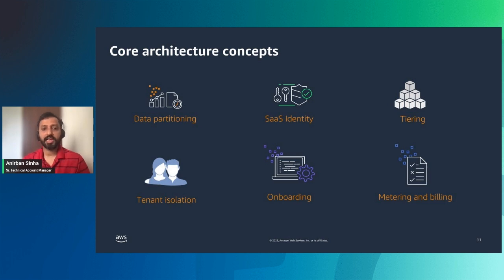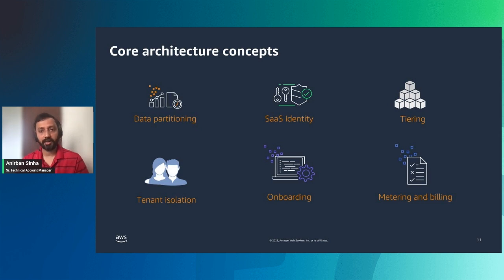We'll talk about SaaS identity. So SaaS identity is basically where you are connecting your user identity to a tenant context. Also, it is important how this tenant context flows through your system, right? Onboarding is another concept where your tenant gets introduced to the system and how that experience is going to look like.